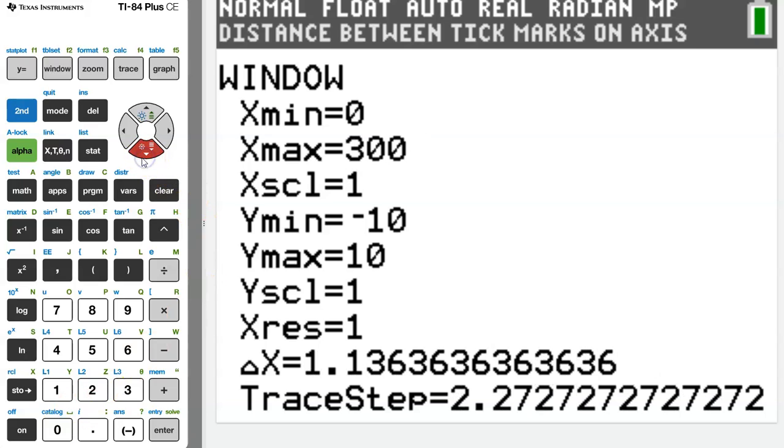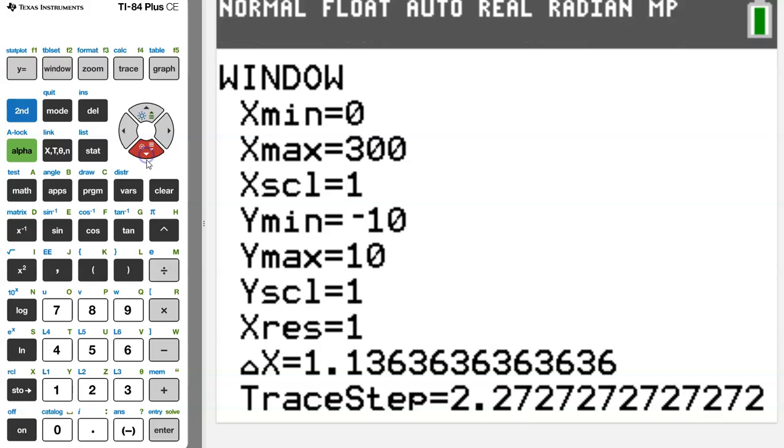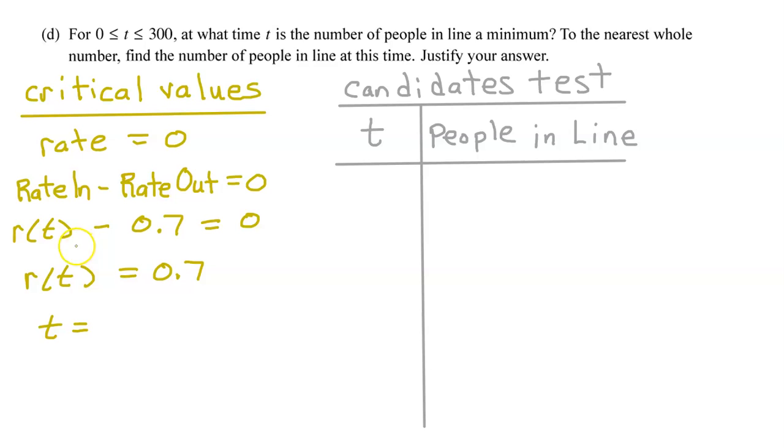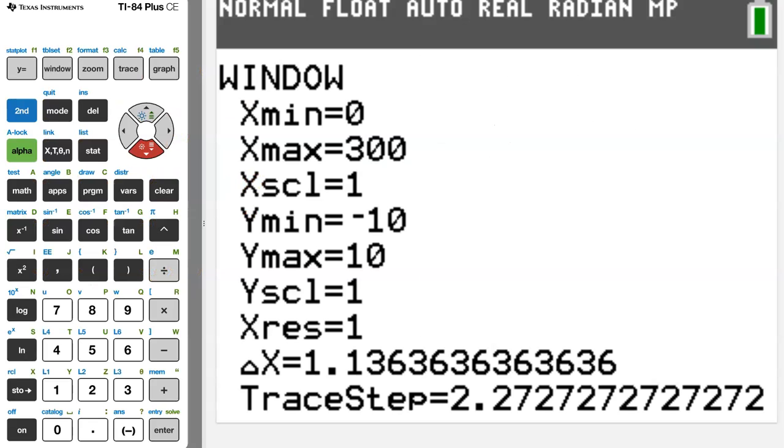Now the ymin and the ymax takes a little bit more thought. The main thing I'm looking at is the fact that the constant rate out is 0.7. That's a pretty small number. So in general, we are talking about small numbers probably for the rate in and the rate out. So we might make the ymax be something small like 1, 2, 3, or 4.